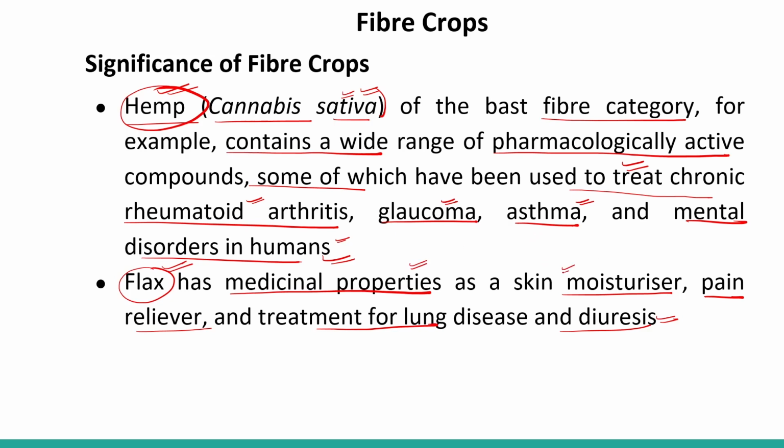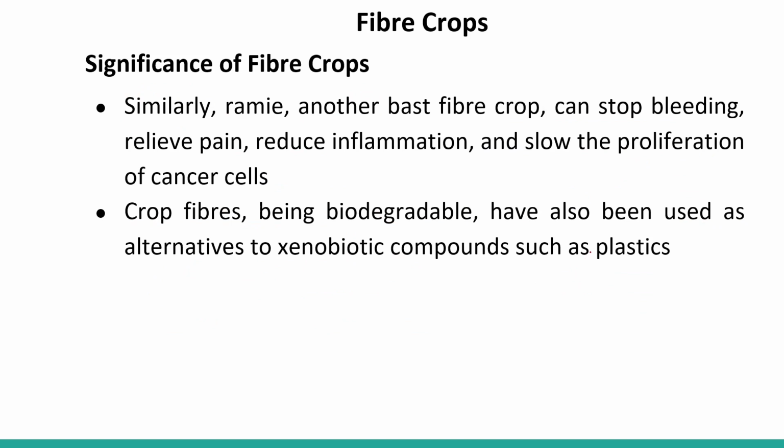It is used in making skin moisturizer, pain reliever, treatment of lung disease, and diuresis. Similarly, ramie, another bast fiber crop, can stop bleeding, relieve pain, reduce inflammation, and slow proliferation of cancer cells.